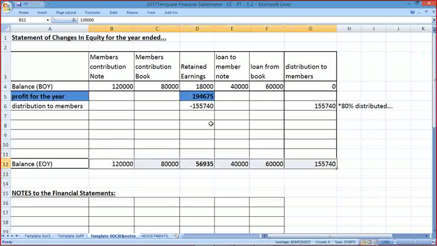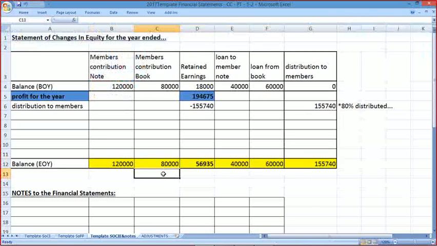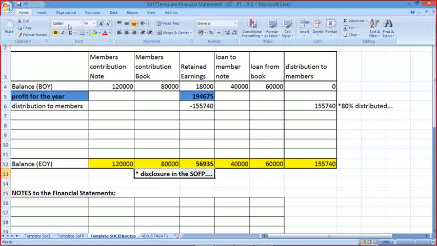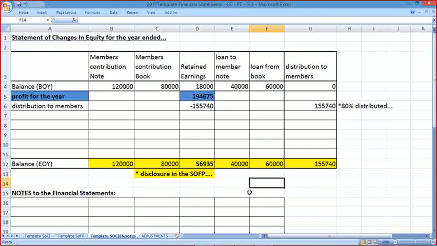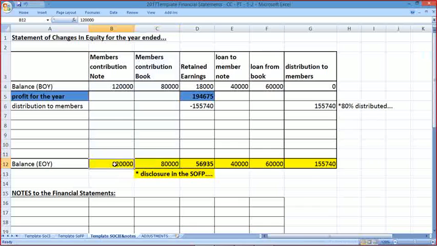Where do these amounts go? Statement of financial position. Correct, yes, because remember you disclosed the equity. Okay, so members' contribution book, you've got this plus that.